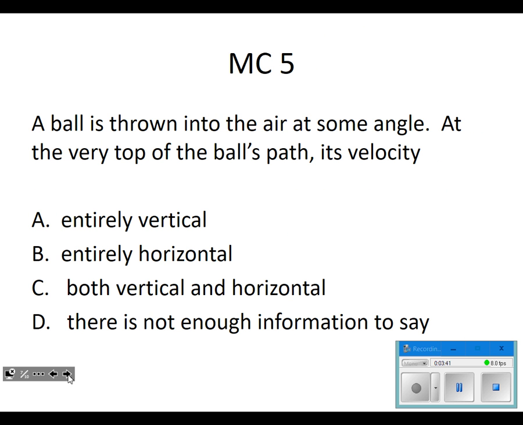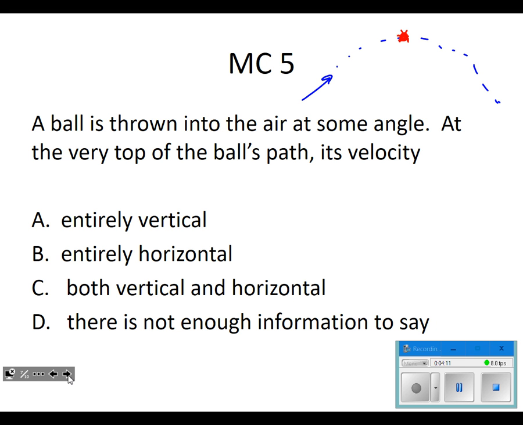A ball is thrown into the air at some angle. Okay, so it's going to go all the way over here. At the very top of the ball's path, which is right here, its velocity is... Our thought is when the ball is right here, is it entirely vertical? Is it entirely horizontal? Is it horizontal and vertical?